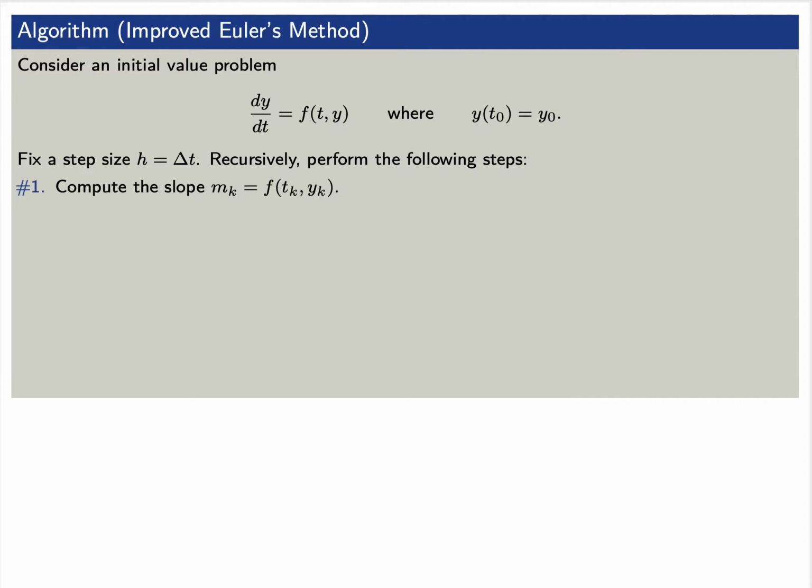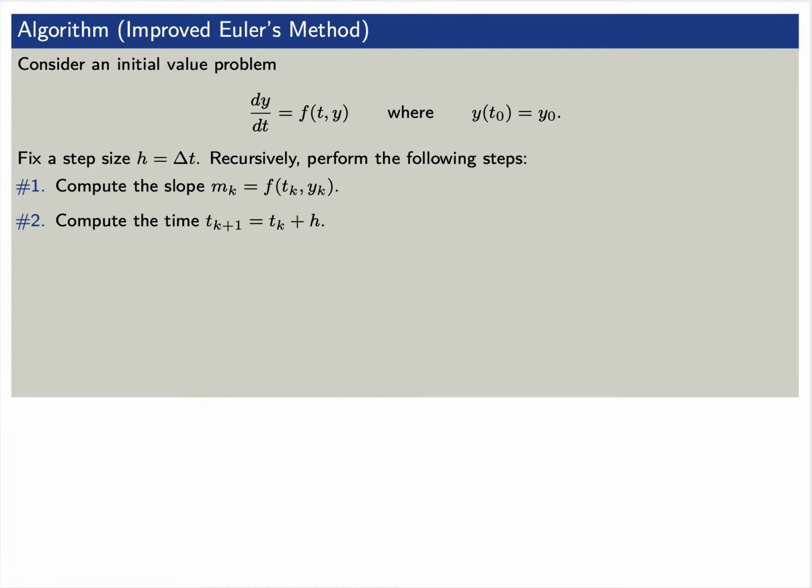Number 1, compute the slope m_k, which is f at t_k, y_k. Number 2, compute the new time t_{k+1}, which is t_k plus h. Number 3, compute y tilde_{k+1}, which is y_k plus m_k times h.